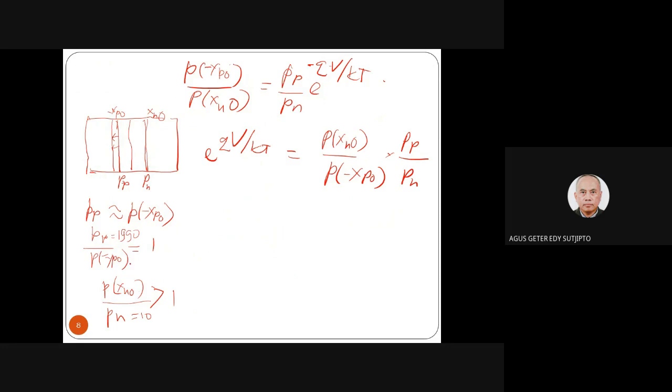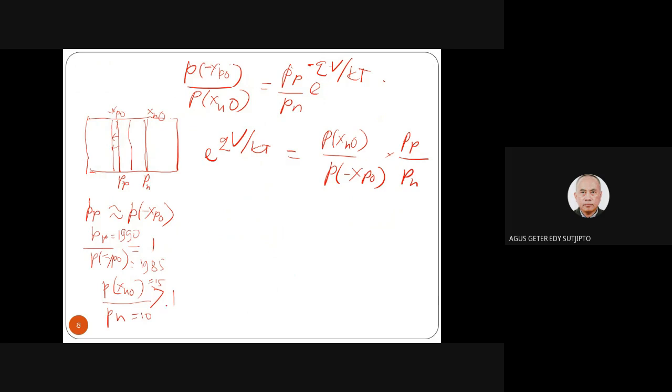And then here P at minus xp0 becomes, for example, 1985, and the 5 moves here, so this is just 15, for example.